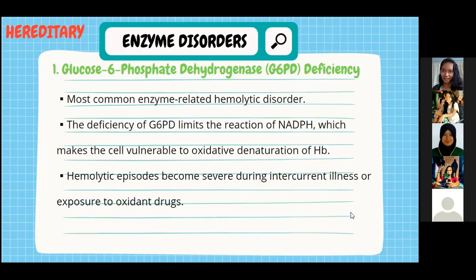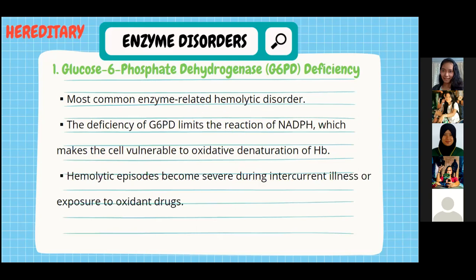If allowed to accumulate, these reactive oxygen species would oxidize and denature hemoglobin, membrane proteins, lipids, and ultimately cause premature hemolysis. Therefore, the capacity of RBCs to detoxify oxidants, especially during oxidant stress, is critical to maintain their normal lifespan. So G6PD deficiency is the most common enzyme-related hemolytic disorder. G6PD is one of the important intracellular enzymes needed to protect hemoglobin and other cellular proteins and lipids from oxidative denaturation.